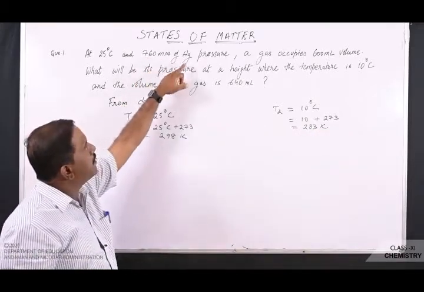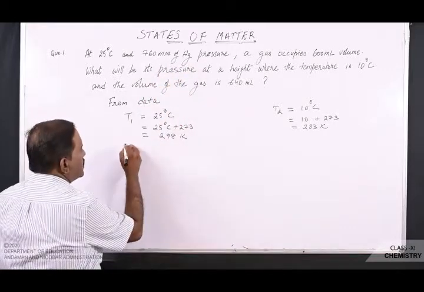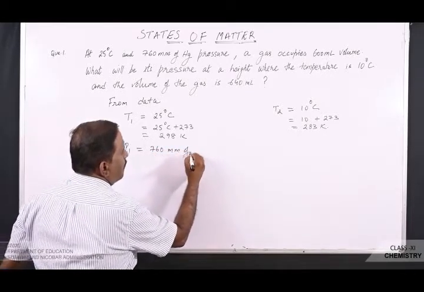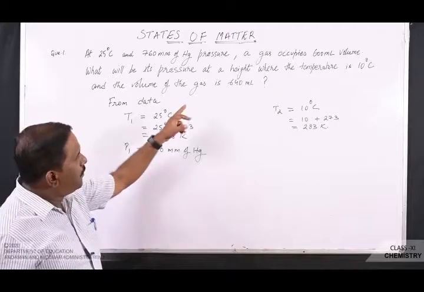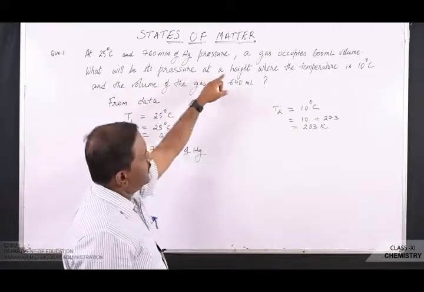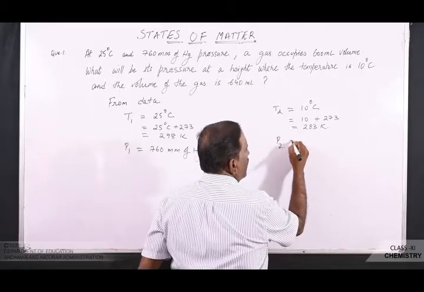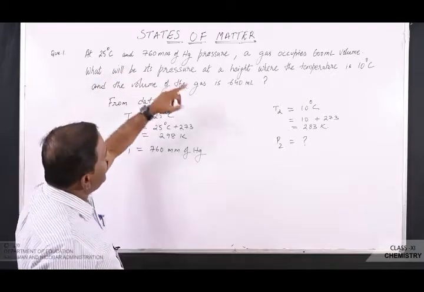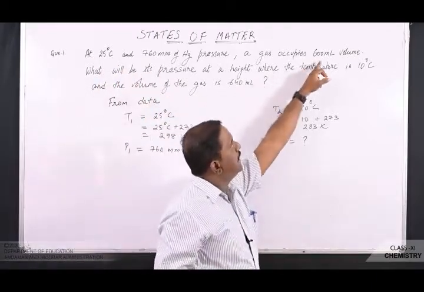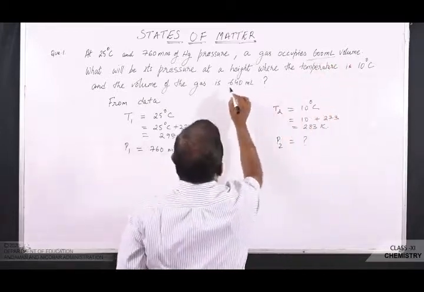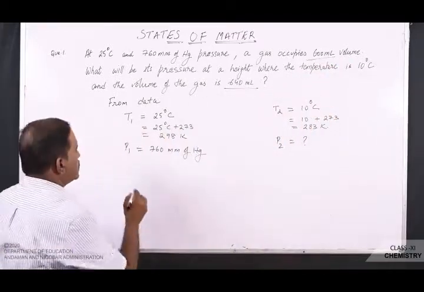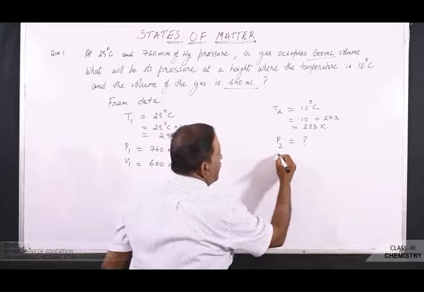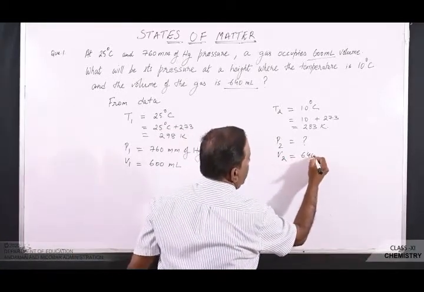This is 760 mm of Hg pressure, so P1 is 760 mm of Hg. P2, the pressure at the height, we have to find. V1 is 600 ml and V2 is 640 ml.